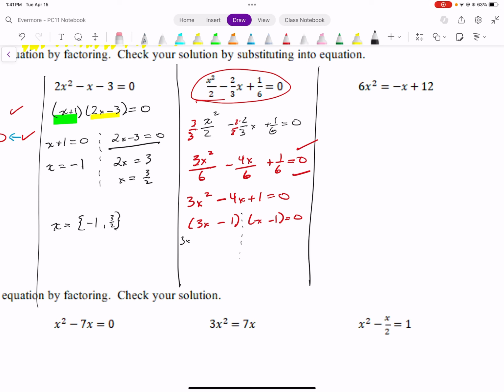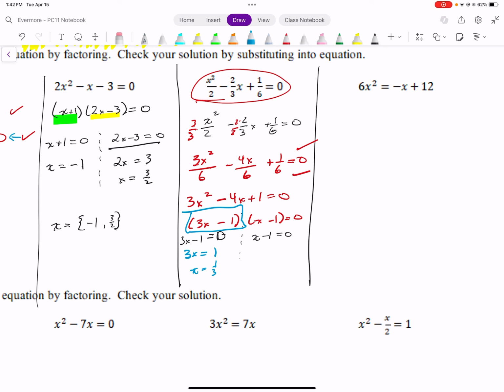This is true when the factor 3x minus 1 is equal to 0, or when x minus 1 is equal to 0. I'm going to stick with the first factor for now, so I'm going to add 1 to both sides, and then I'm going to divide both sides by 3. So I solved this: the first factor is equal to 0 when x is equal to 1/3.